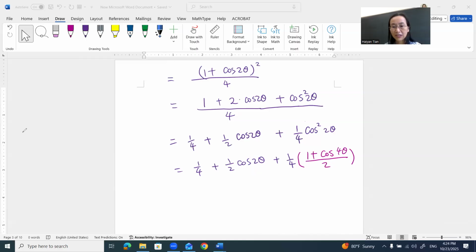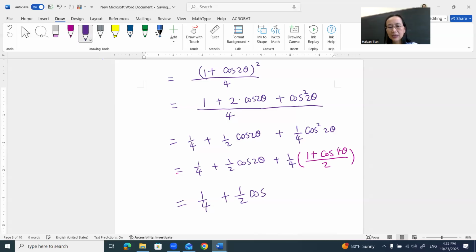However, the final answer can be organized a little better. So we just combine terms. Let's see if there are any common or like terms. So let's write the numbers. So 1/4 is here, and the second term, half of cosine 2 theta.